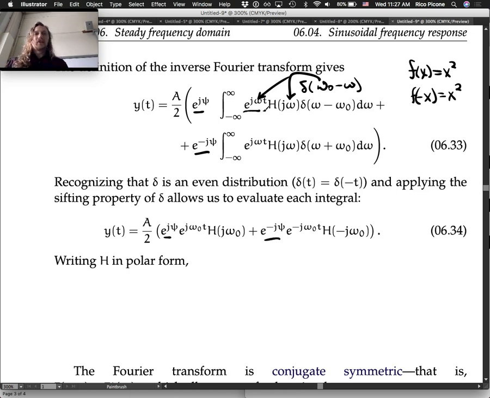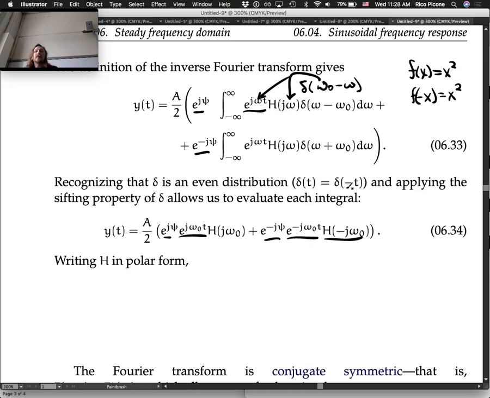The e to the j omega t becomes e to the j omega naught t, and the e to the j omega naught t in this one. When you do this, notice that we have a negative sign mixed in. So one argument is negative, the other one's positive. So we have to use a negative omega naught. So that's where this comes from, and h of negative j omega naught.